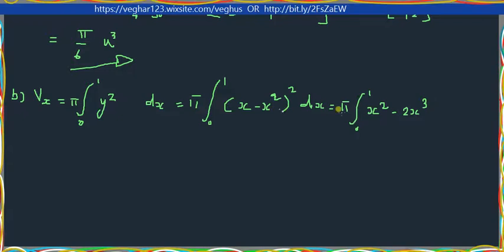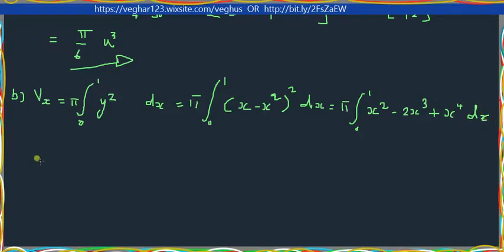Then squaring this one, you'll have raised to 4, because you're squaring, not multiplying. You only multiply this one, so this one is a 2 when you're going to multiply.